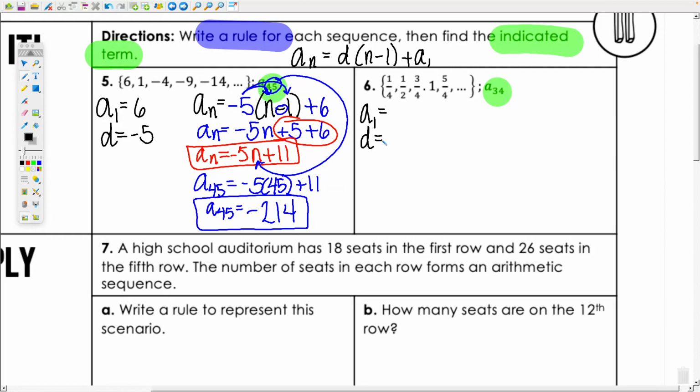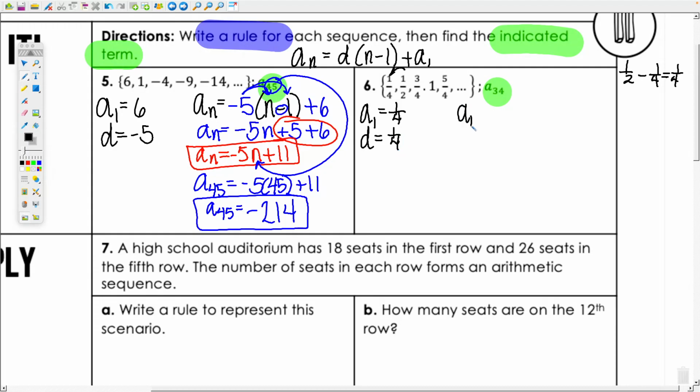I could have done this in my head, but I'm finding more of my students are doing this in their head. They're taking 1/2 minus 1/4, and they know that it's 1/4. And I'm like, yeah, awesome. If you can't do it in your head, you better put that in the calculator. No shame. So my first term is 1/4, and my common difference is also 1/4.